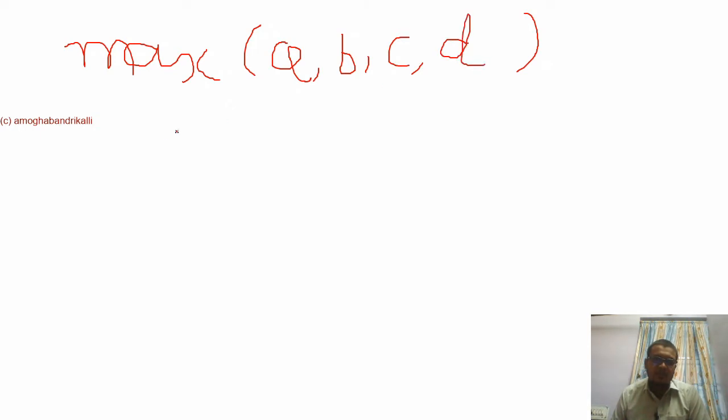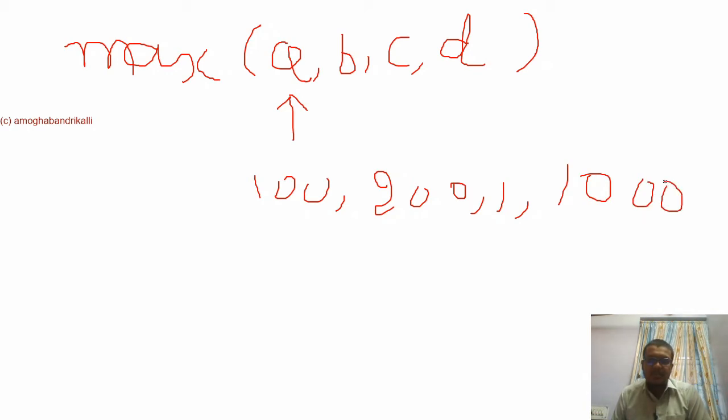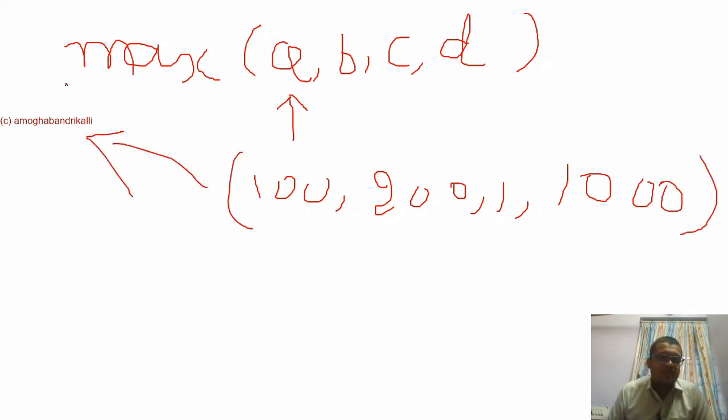If you need to return the maximum in an array, you can take some values here, but the values should be separated by commas. This can take numbers like 100, 200, 1000. Whichever is the maximum number will be returned if you use the max method.